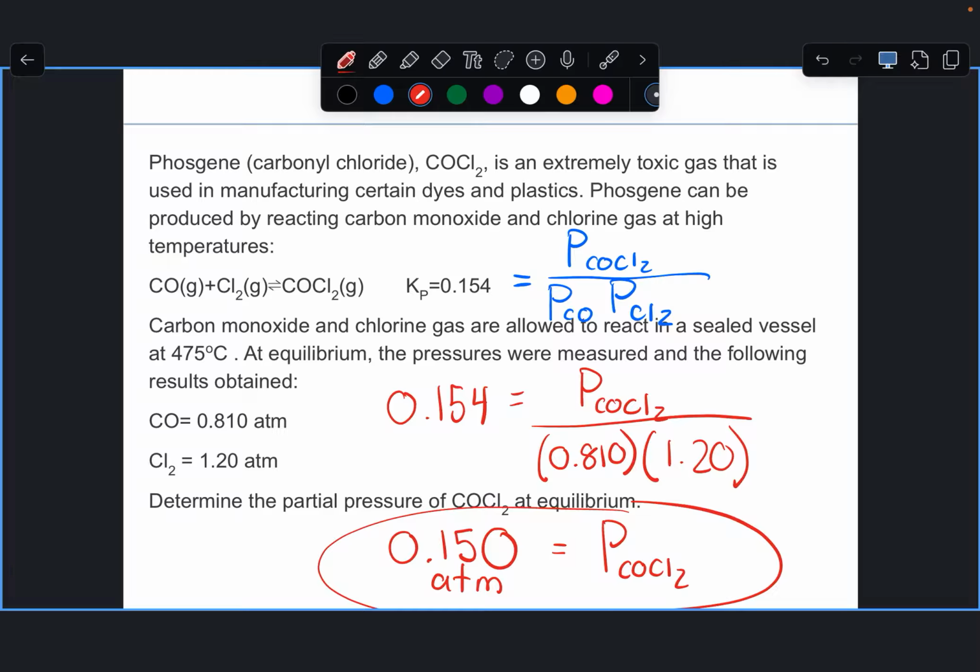So these problems are the simplest ones: you have the K expression and you have equilibrium concentrations, okay? You may be missing the K, you may be missing one of the equilibrium concentrations like in this one, but it's very important to differentiate that, like here, these are pressures at equilibrium. They are not starting values, they are not initial.